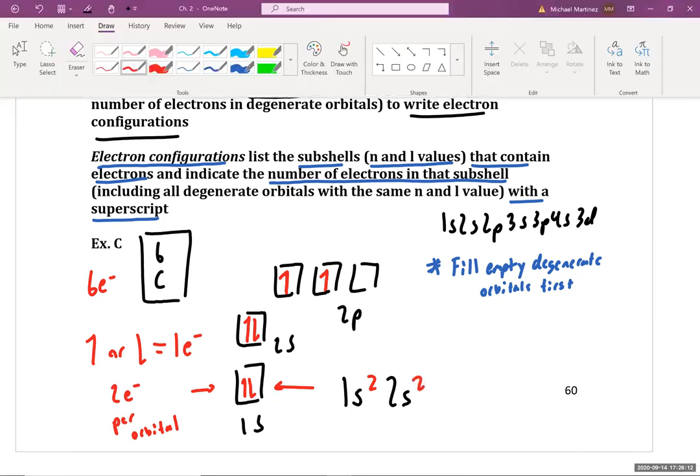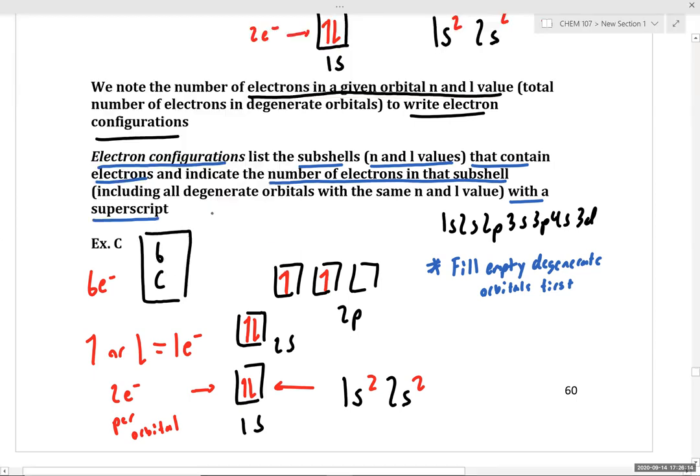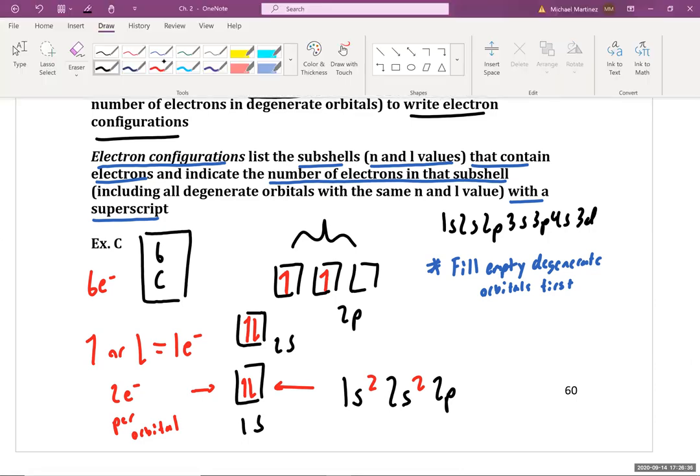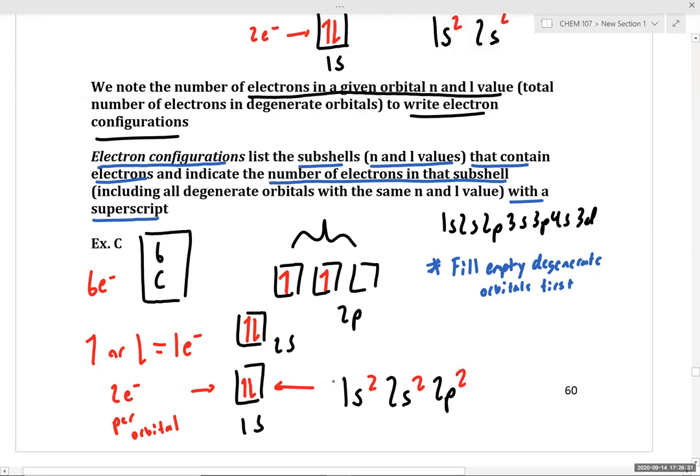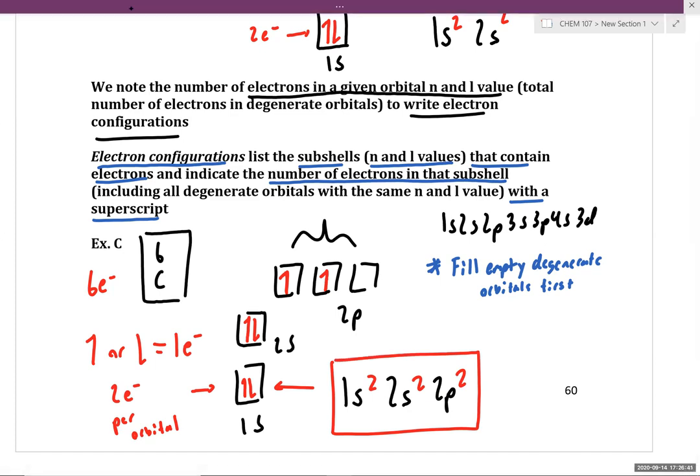Now for our 2p orbitals, and this is important, looking at all of our 2p orbitals, what is the total number of electrons that we see? 2. Yep. So let me fill that in using the appropriate color. Perfect. So now we have a complete electron configuration for carbon.